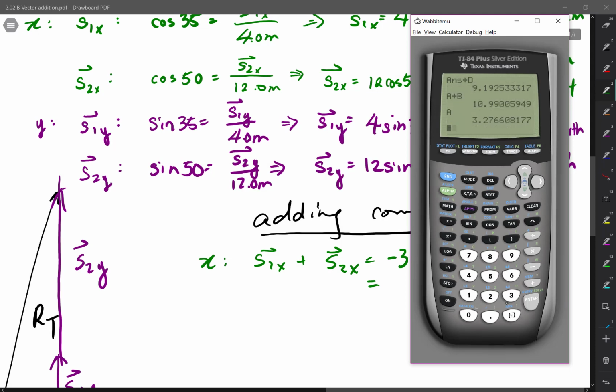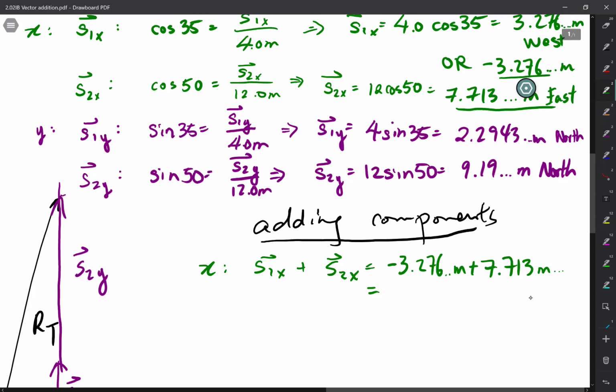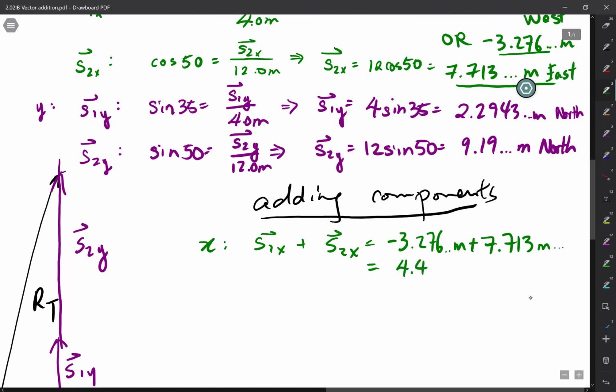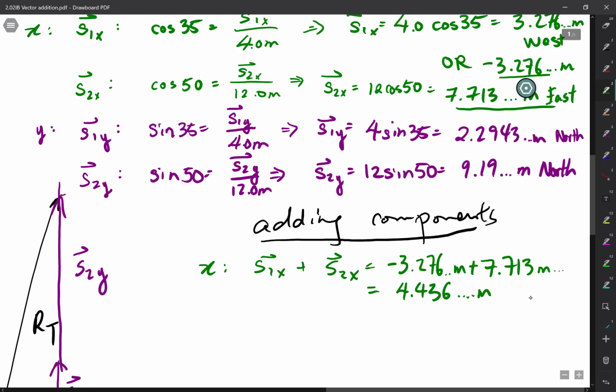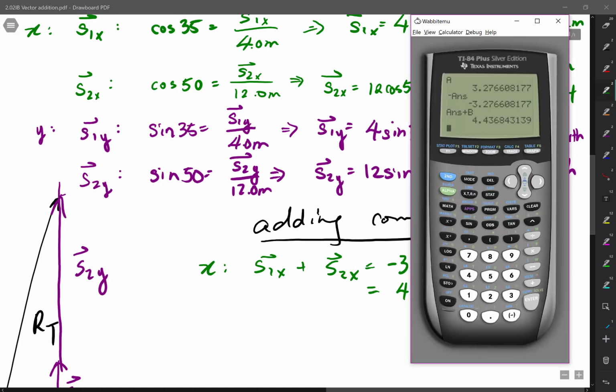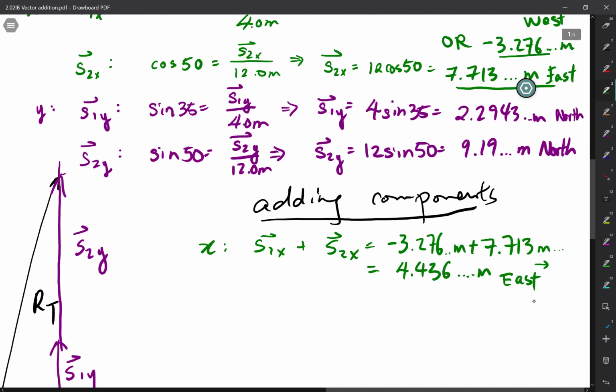A is supposed to be negative, so negative answer plus alpha B, and I should get 4.436 dot dot dot meters, and because it's now positive, and positive is towards the east, this is east. And I will save this as the x value for the x component of my triangle.